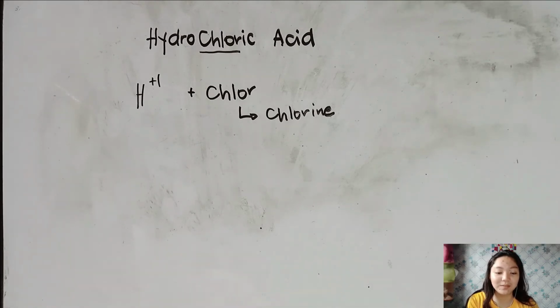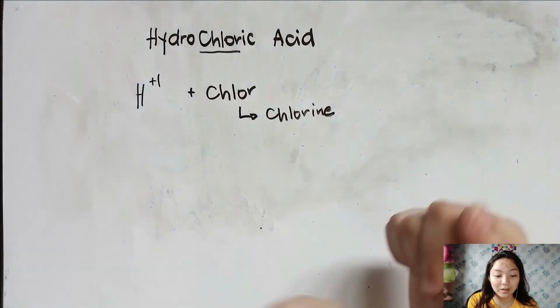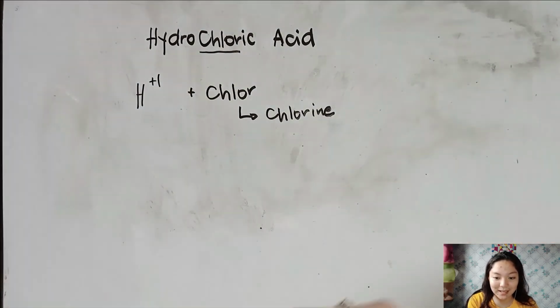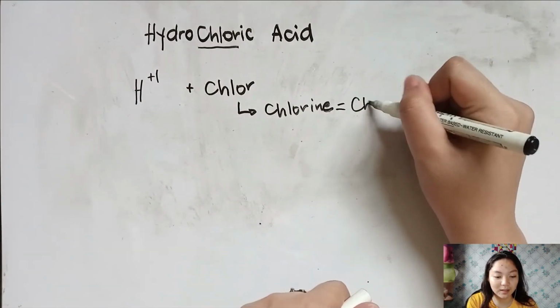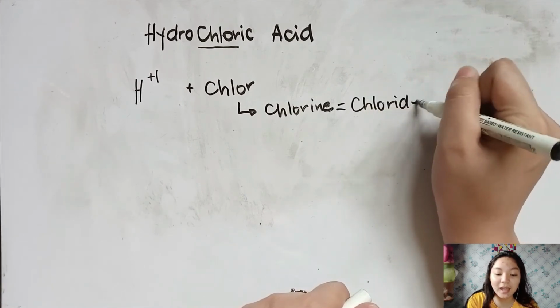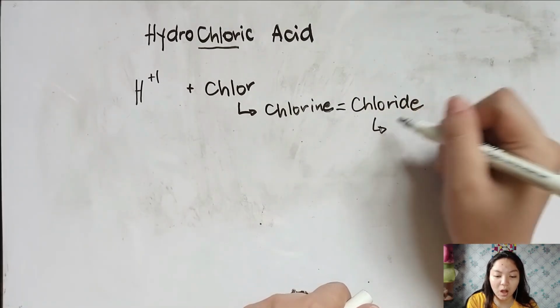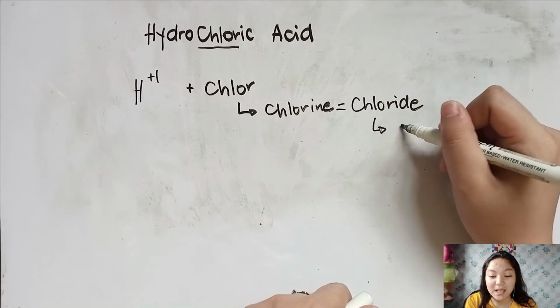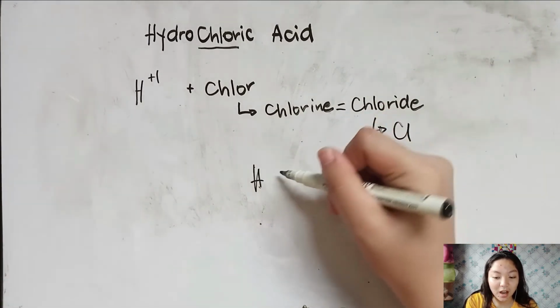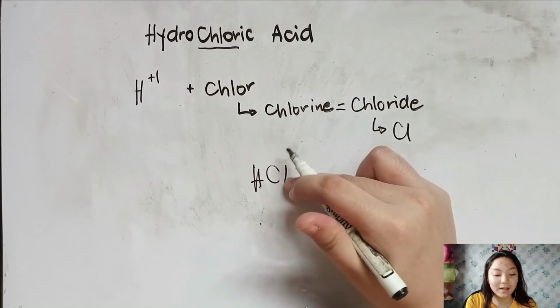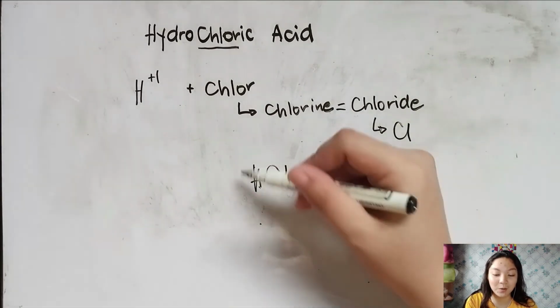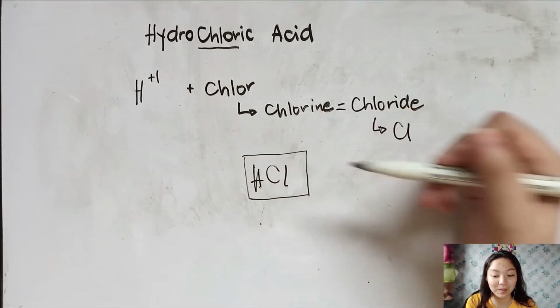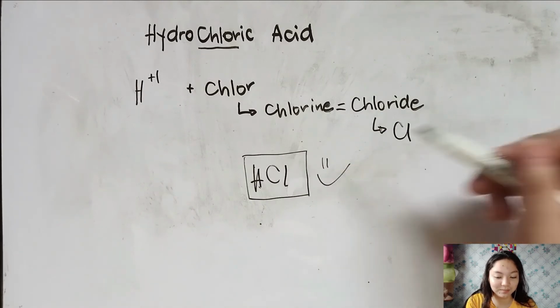Hydrochloric doesn't have oxygen, so the chlorine will be chlor plus -ide equals chloride. So it will become HCl. Why? Because they have charges positive 1 and negative 1, and as you can see, it is balanced, so it will become HCl. That's all.